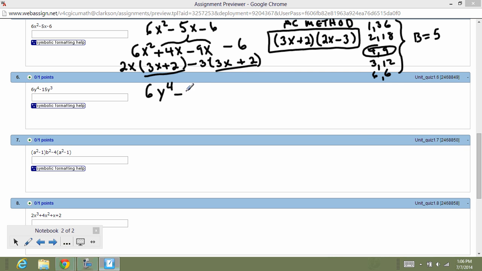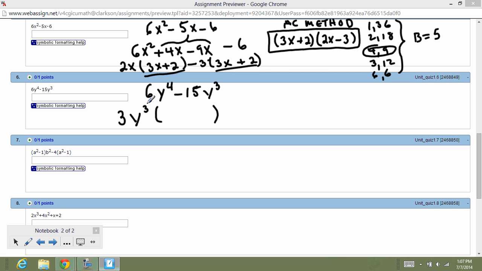minus 15y cubed. And of course, obviously the y is common. You factor out the lowest power you see. Remember, especially particular to the calculus, you see a common term, you factor that term out to the lowest power. And so we're going to factor out a y cubed. And of course, 6 and 15 also share a factor of 3. So we factor out the 3.